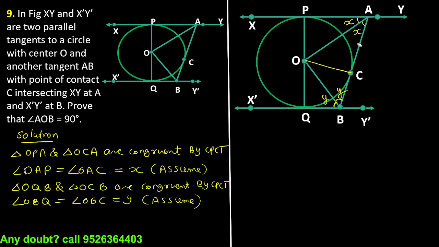Okay, my objective is I have to prove that this angle is 90 degrees. If I am able to prove that x plus y equals 90 degrees, I can conclude that this angle is 90 degrees. You have to consider triangle OAB. X and y are two angles of OAB.